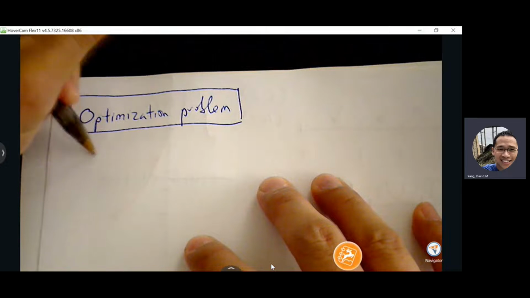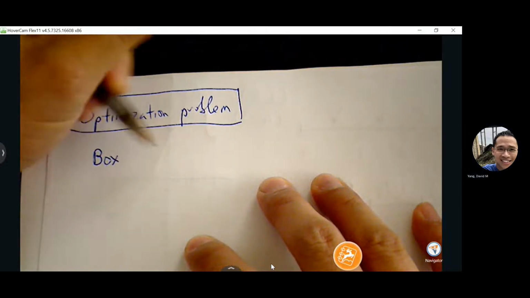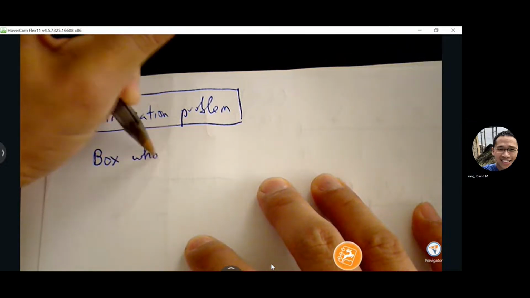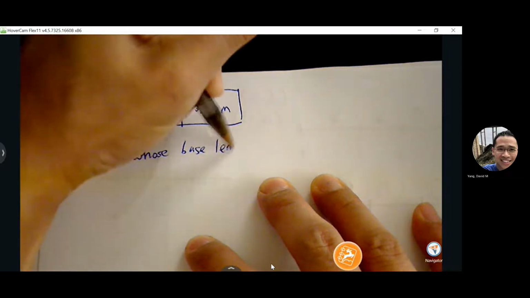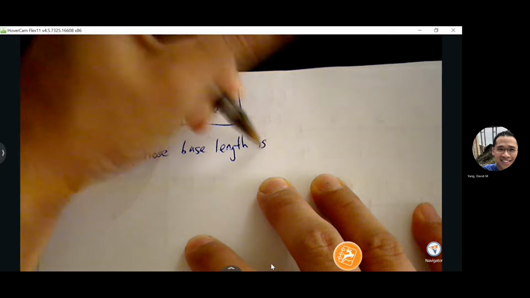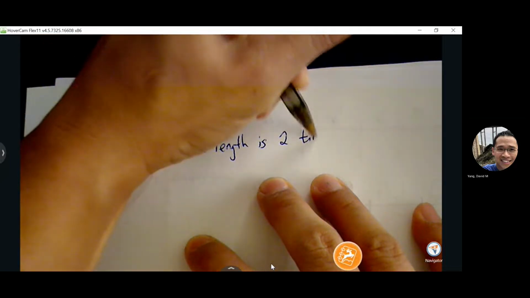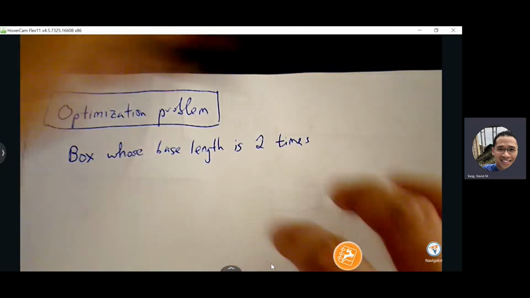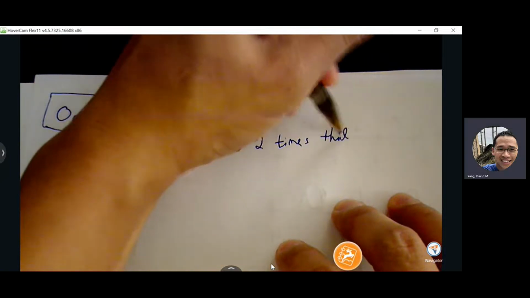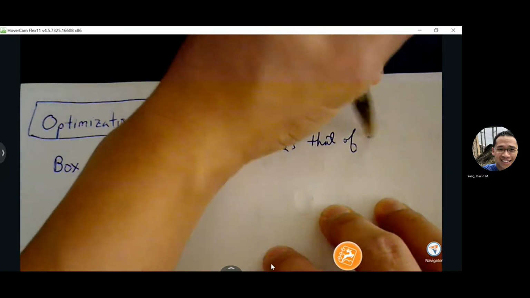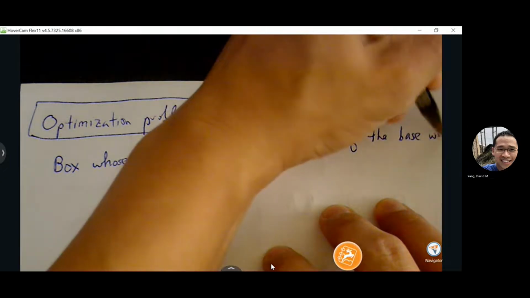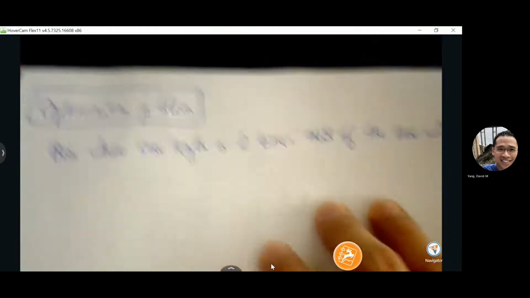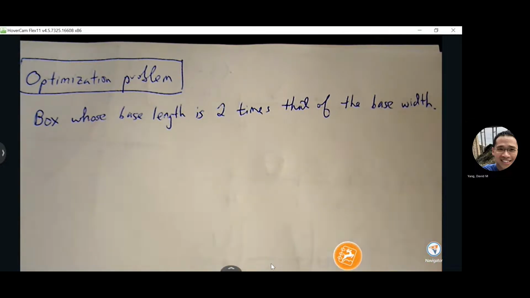Okay, so we want to create a box. Let's say the box is 2 times that of the base width. Rectangular box.